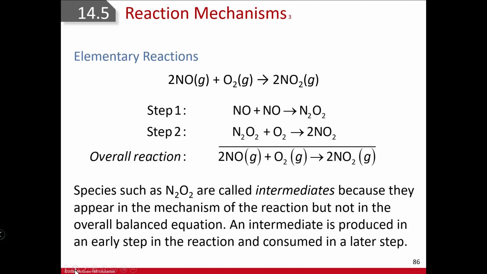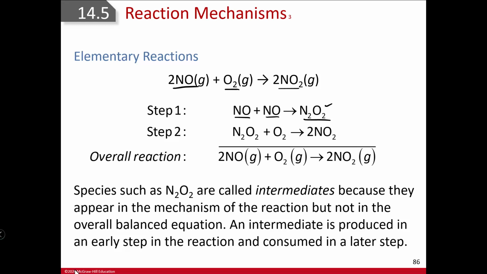So, for example, we have seen this reaction before. We have 2 moles of nitric oxide, and it reacts with oxygen to form 2 moles of nitrogen dioxide. So here we have NO, nitric oxide, plus nitric oxide yields dinitrogen dioxide.